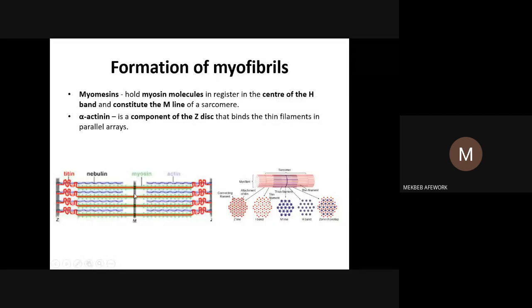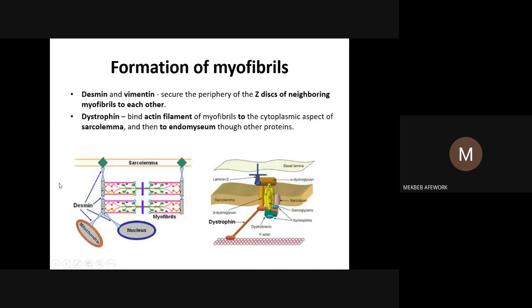So the thick filaments are bound together in a special arrangement by myomesin. We have alpha-actinin, which is a component of the Z disc anchoring the I bands right in the middle. We have desmin and vimentin, which are attaching the Z disc to neighboring myofibrils. So myofibrils are attached one to another in a special register.